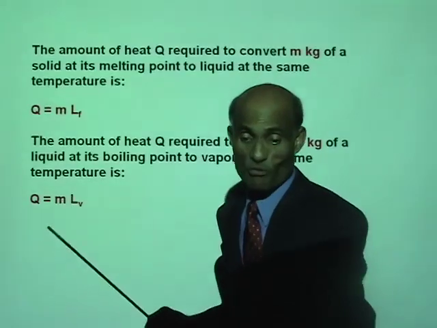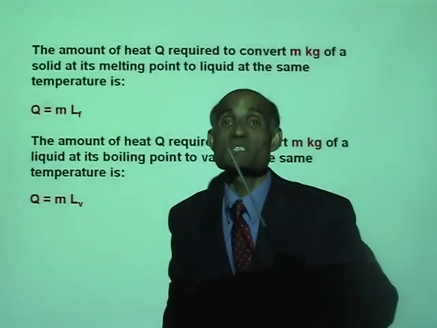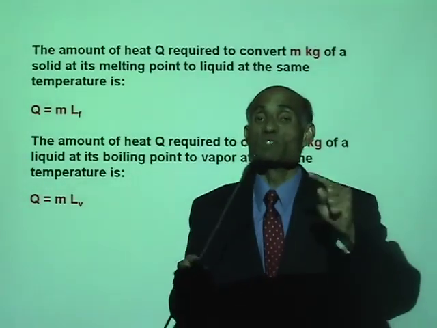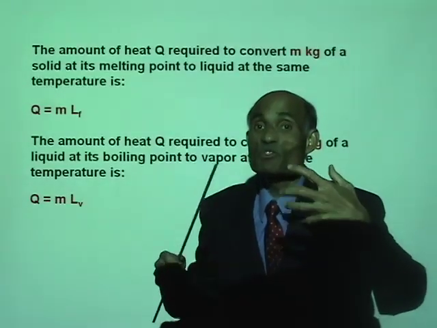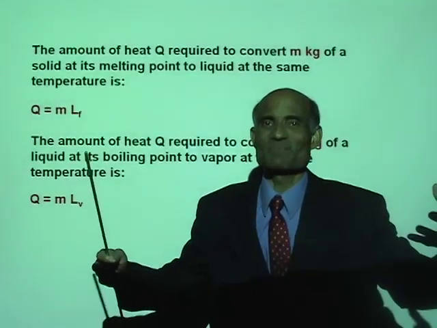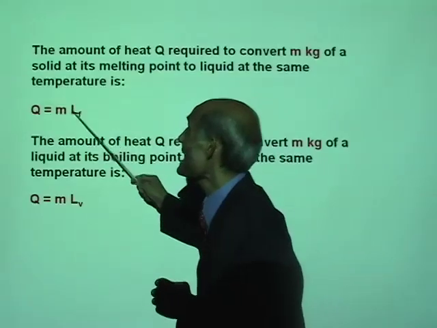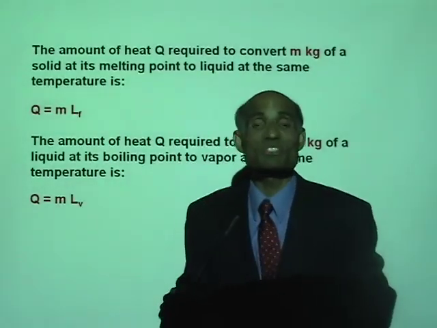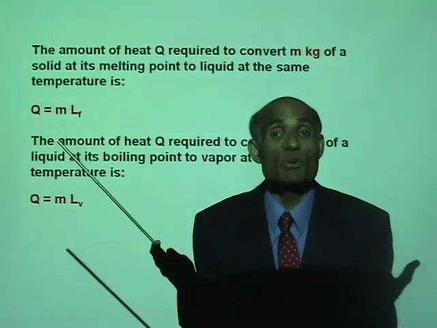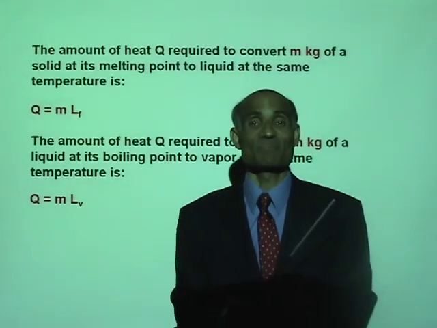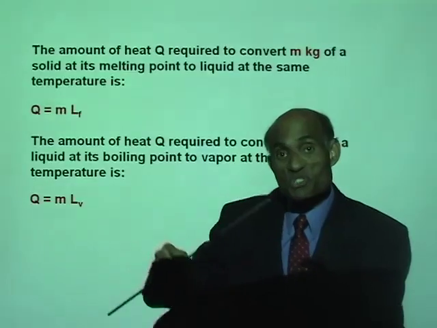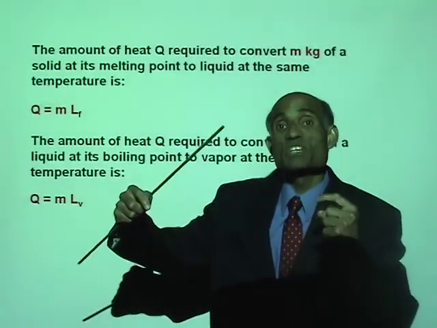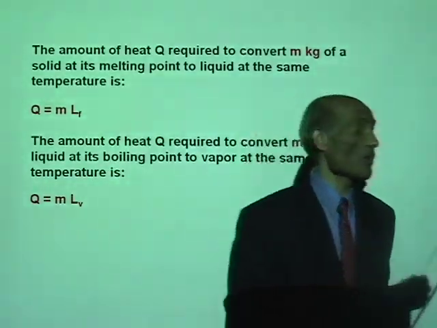Now, these two formulae I want you to remember. We did another formula when we talked about specific heat. Specific heat involves a change in temperature, whereas latent heat of fusion or latent heat of vaporization does not include a change in temperature. When there is a change in temperature, it is the specific heat that is involved.